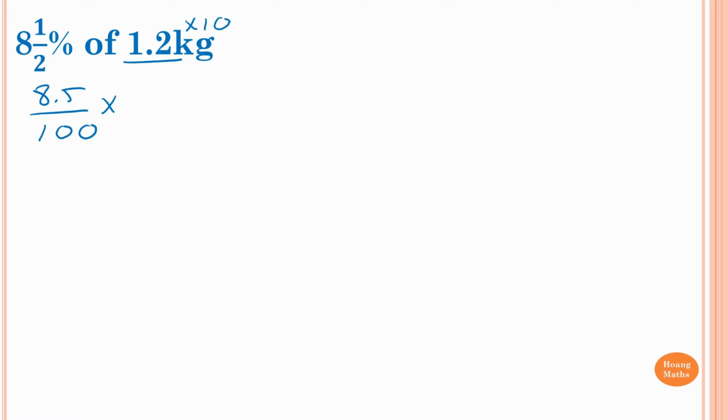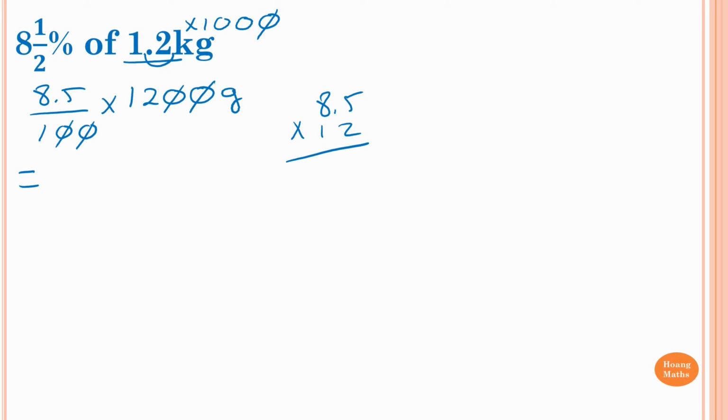We just convert by times by 1,000. So you move 1, you cancel that. So 12 times 100, which is 1200. So that becomes grams. So what we can do now, we just simplify this 0 with this and this with this. So the answer is left with 8.5 times 12.